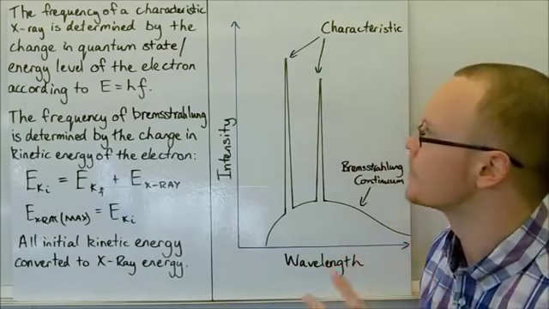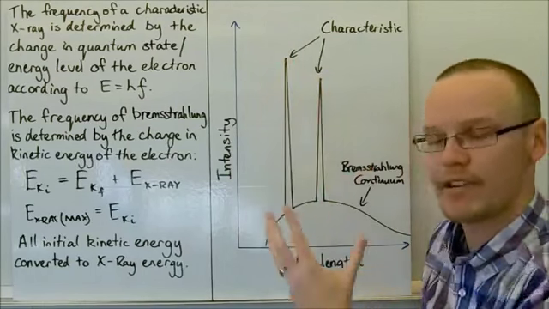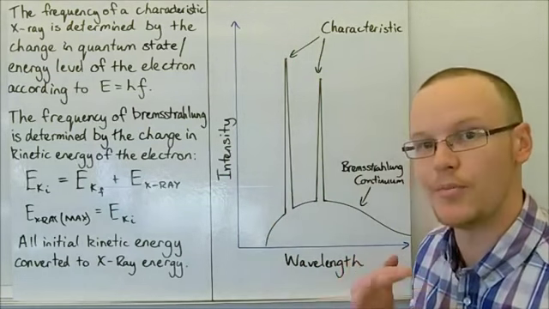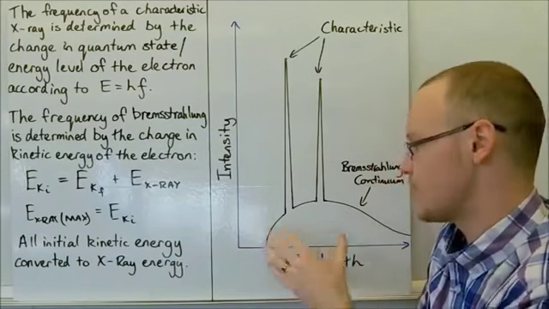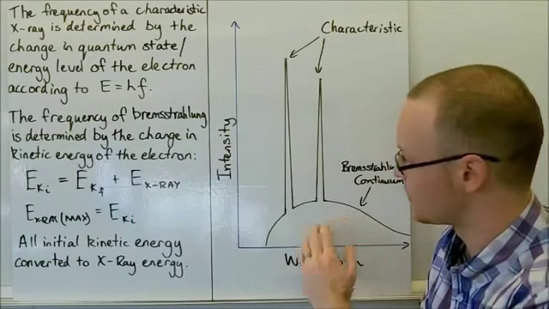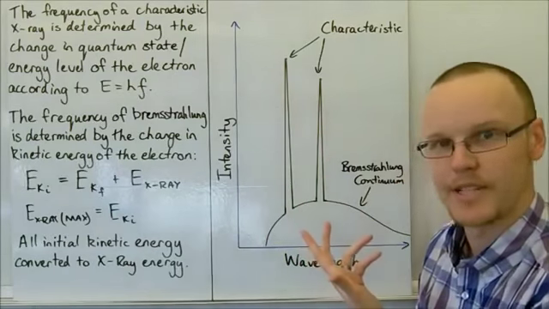That is not to say that the characteristic X-rays will occur more often than Bremsstrahlung. You can see here that there's a much larger area under the curve for Bremsstrahlung than there is for the characteristic X-rays.